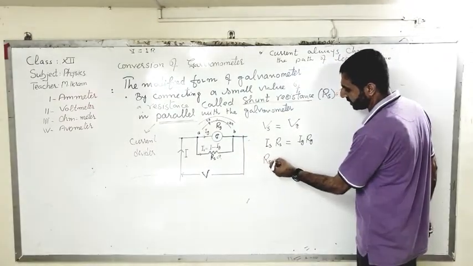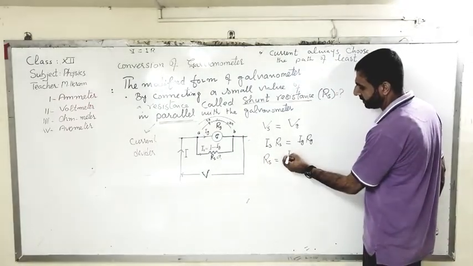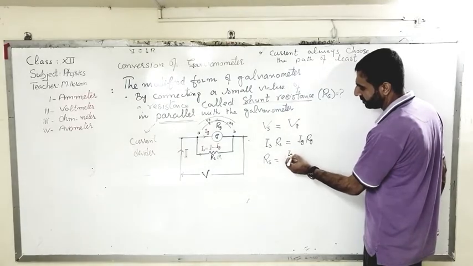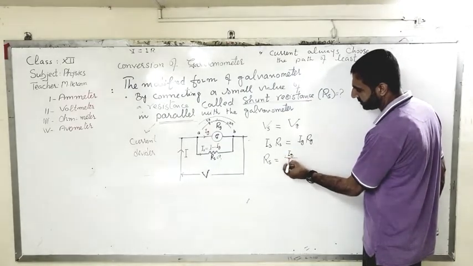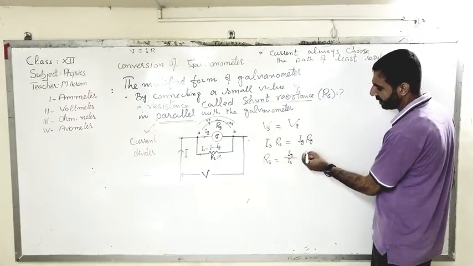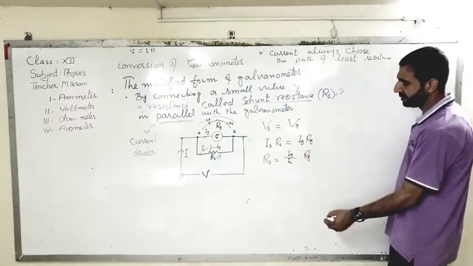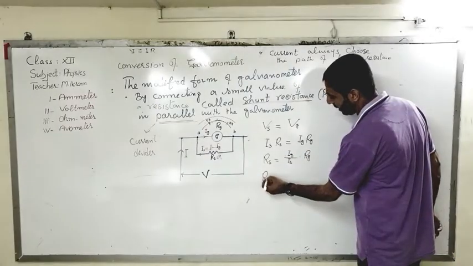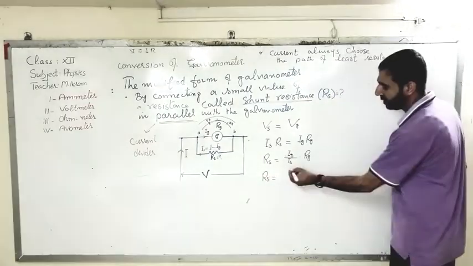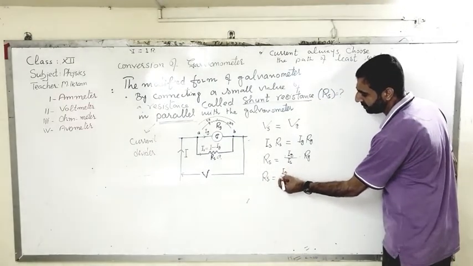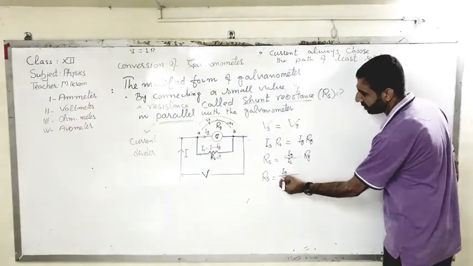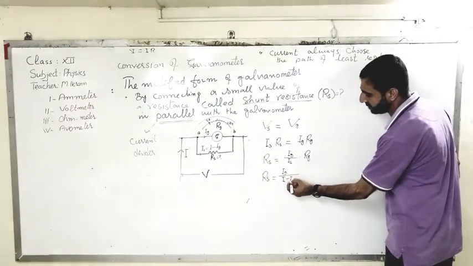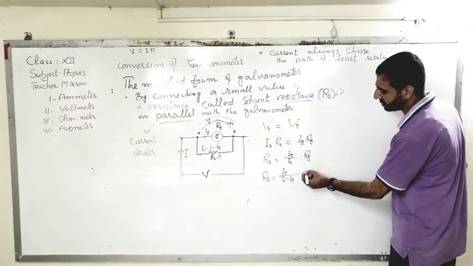RS will be equal to IG by IS into RG, that is IG into I minus IG, into RG.